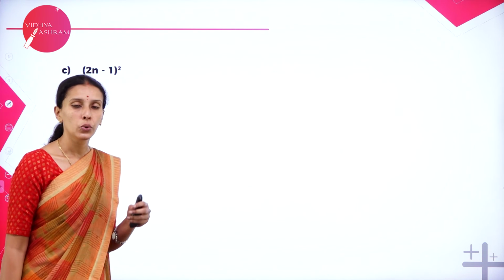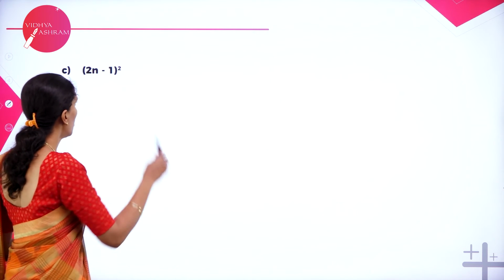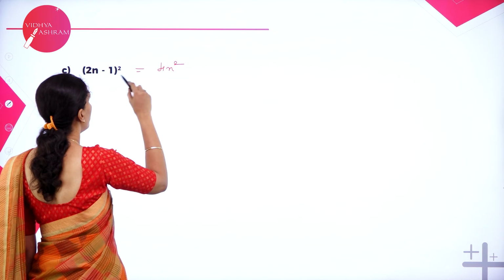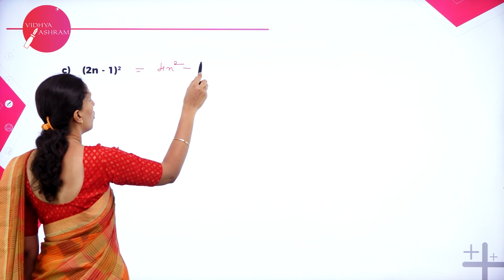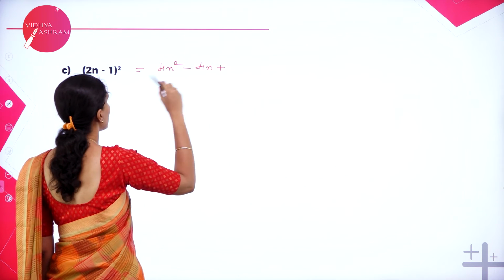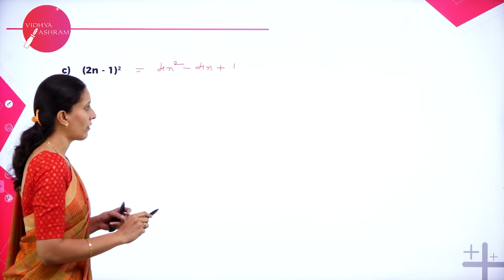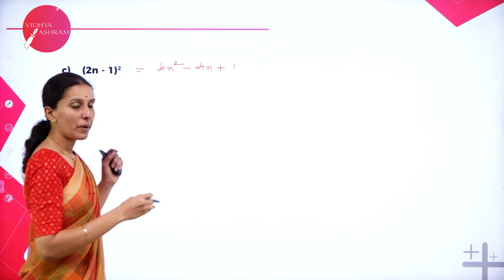Next we have 2n minus 1 whole square. When you expand this, this is 4n square minus 4n plus 1. So this is expansion using a minus b whole square formula. So now let us apply the summation for this.